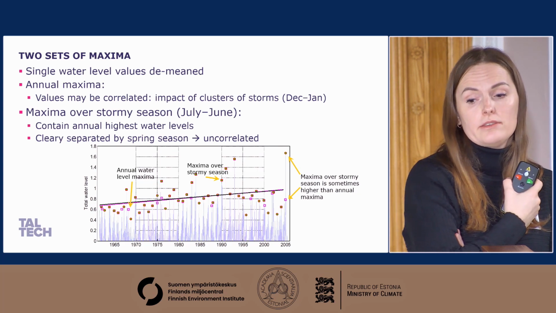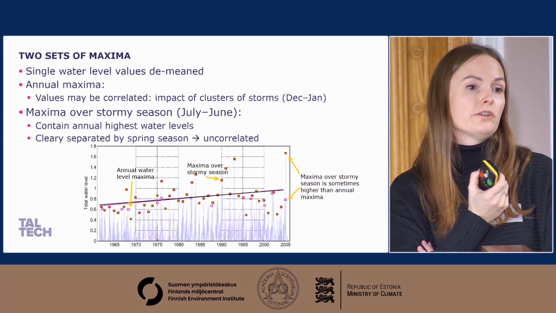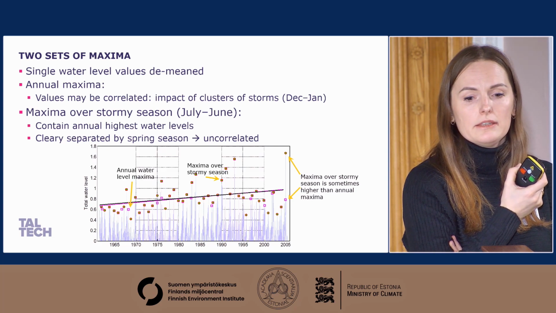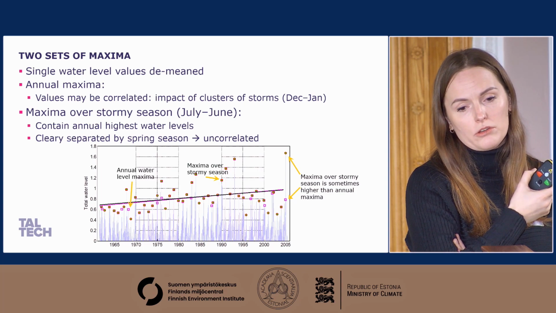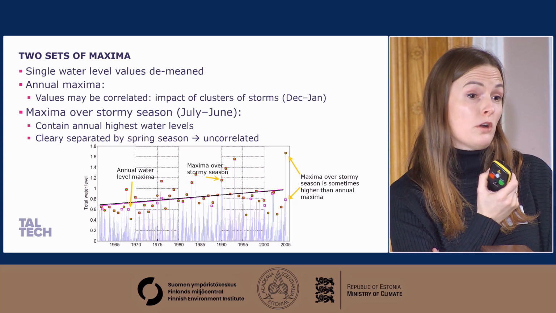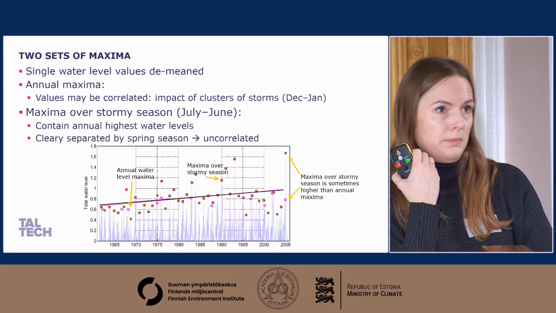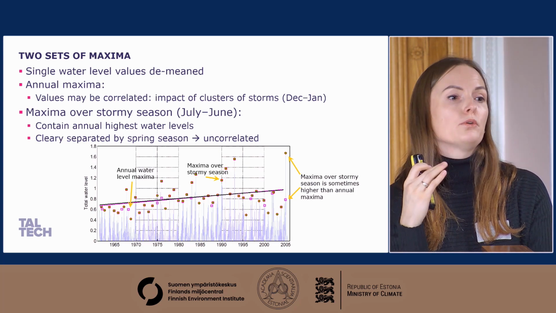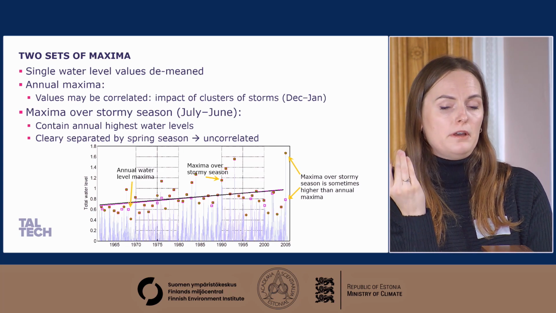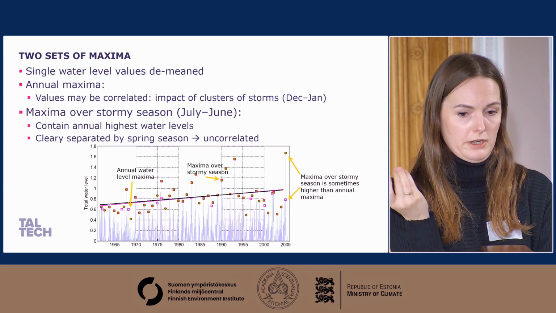To estimate the extreme value parameters of water level maxima, we used the largest value that occurred during the calendar year. And in the conditions of the Baltic Sea, these values may be correlated to the impact of clusters of storms that elevate the background water level of the Baltic Sea and may appear in one year of December, and the same event may continue in next year, January.